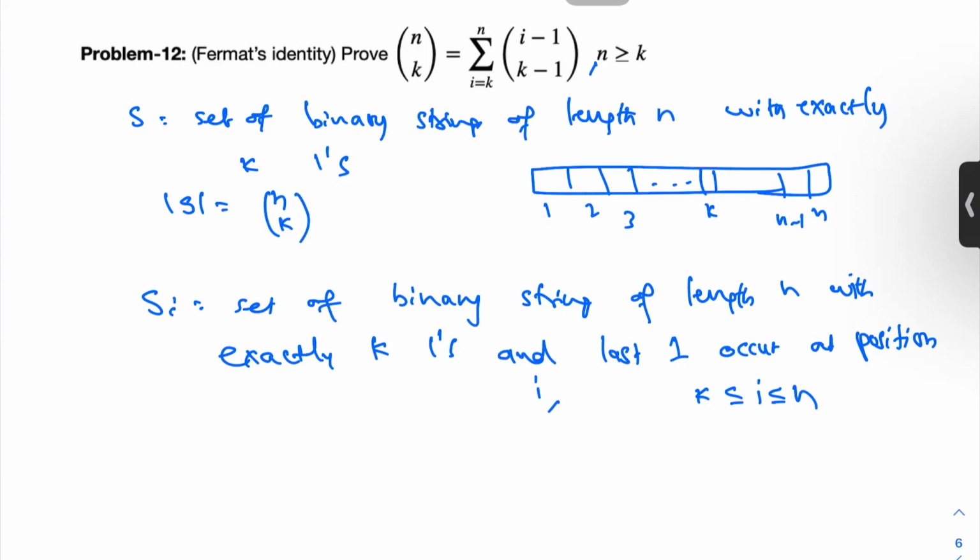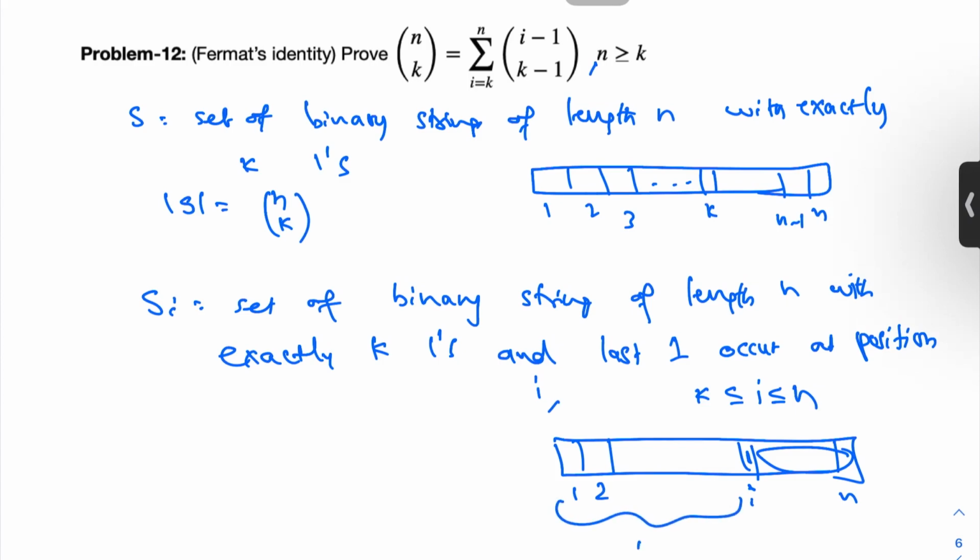In the case of Si, say position 1, position 2, this is position i, and position n. The last one occurs here, and after that all are 0. The last one here means the kth one, since there are exactly k ones, so the remaining k minus 1 ones will be before it. How many ways can such strings be made?